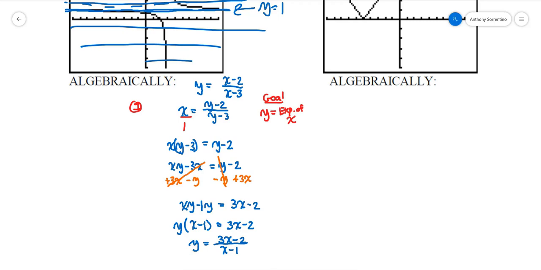So I could then rewrite this as f inverse of x equaling (3x minus 2) over (x minus 1). This one has a domain of everything but 1, which you can see up here was the original range.